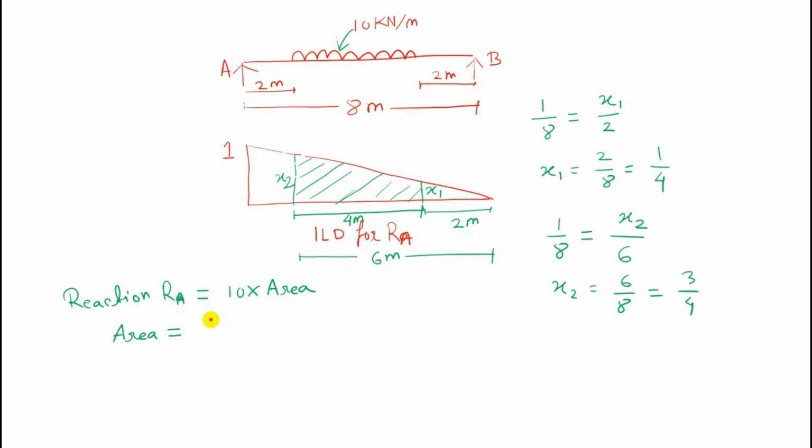So x1 plus x2 by 2 multiplied by 4. So this is the area. So x1 is 1 by 4 plus x2 is 3 by 4, by 2 into 4.